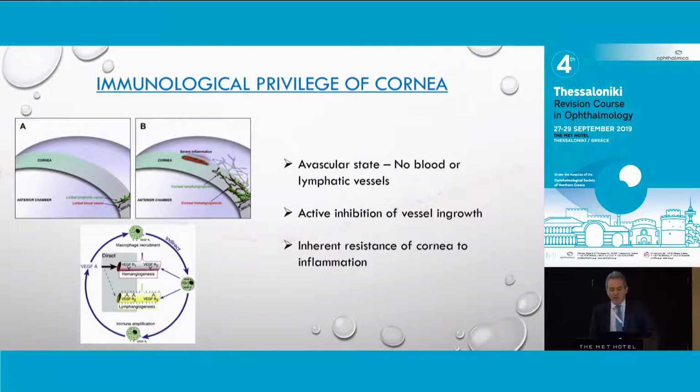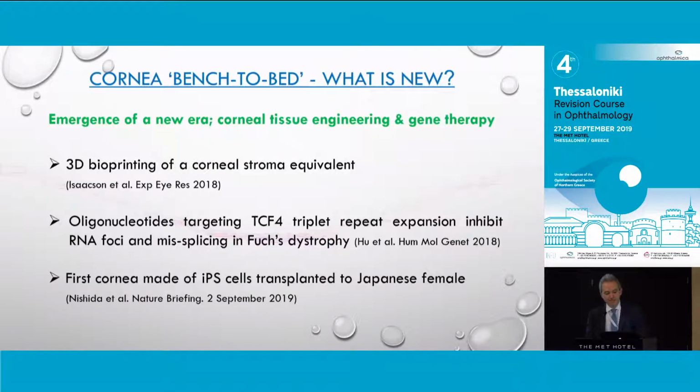So, the cornea is devoid of vascular and lymphatic vessels, and this is well defined as the immunological privilege of the cornea. There is an inherent resistance of the cornea to inflammation, and it's something that is very useful and a big advantage for corneal surgeons in terms of corneal transplantation and survival of the corneal graft.